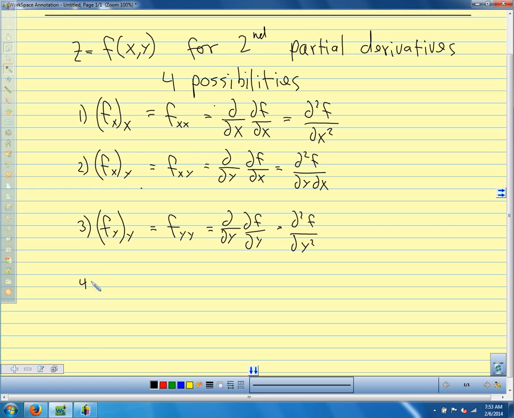And then we can form what we call our mixed partial: f sub y first, the partial with respect to y, and then we differentiate that with respect to x. That's the partial with respect to x of df dy, and we write that d squared f dx dy.